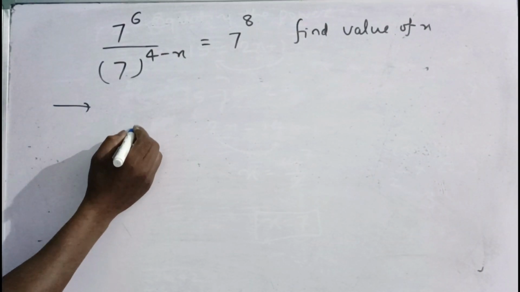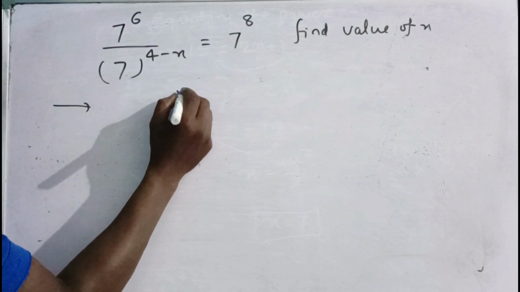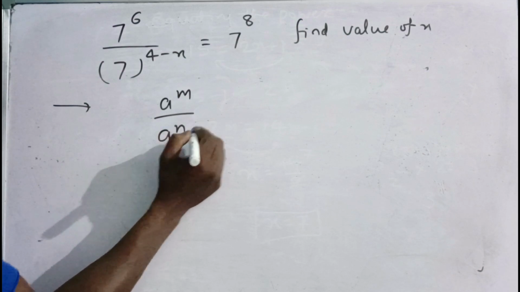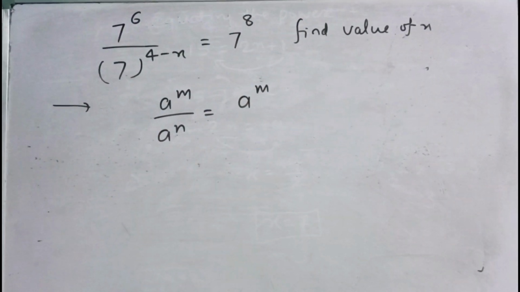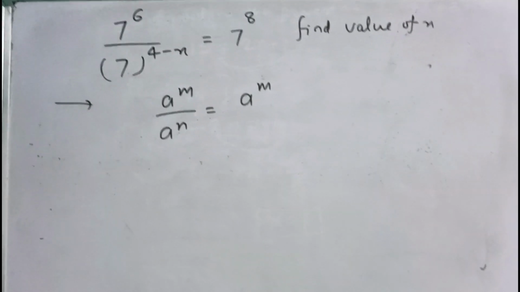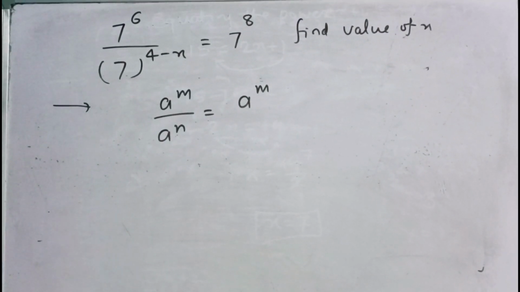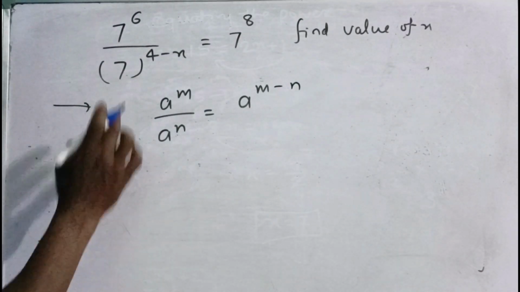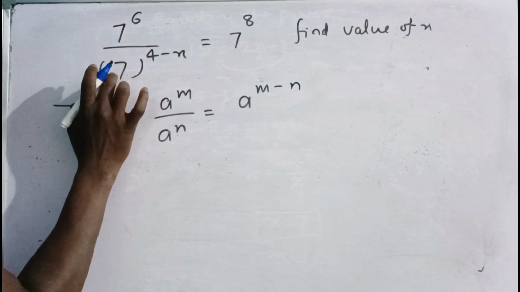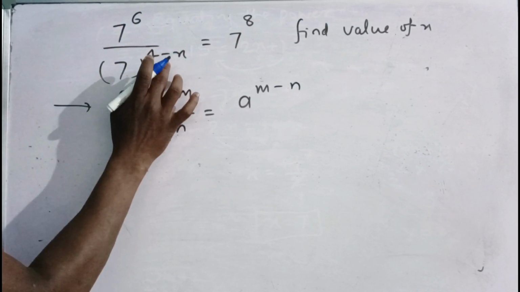Here we are using the property a^m divided by a^n is nothing but a^(m minus n), base same.